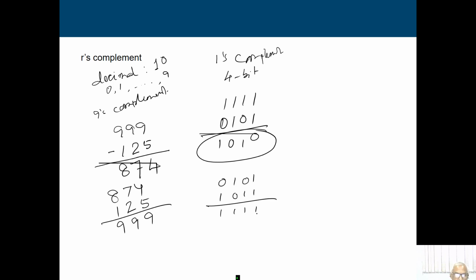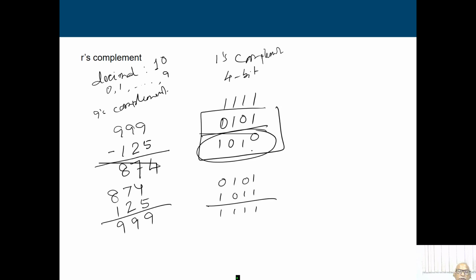Basically we take the number and subtract the given number from the biggest number that can be represented with this number system, and we say this is the 1's complement. Looking at this pattern, if I have 0 1 0 1, then its 1's complement is 1 0 1 0. Since we have only 2 symbols in our binary number system, to get the 1's complement we simply flip the bits.